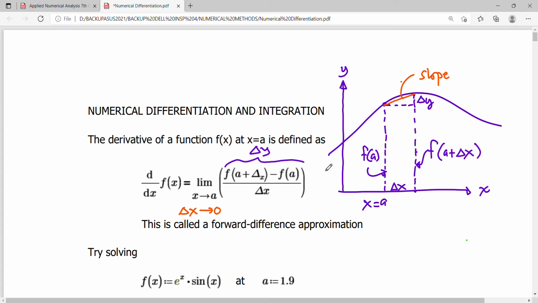Okay, you can say that this is the rate of change upon which your delta y is proceeding as far as this delta x is concerned. So this is the rate of change of delta y with respect to delta x. So derivatives can be regarded as slope, can also be regarded as rate of change.